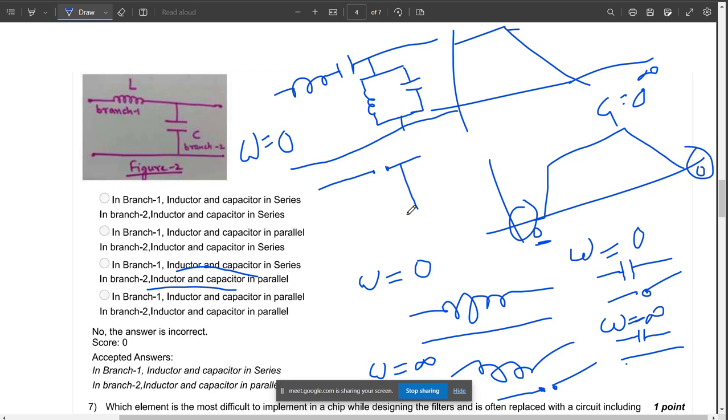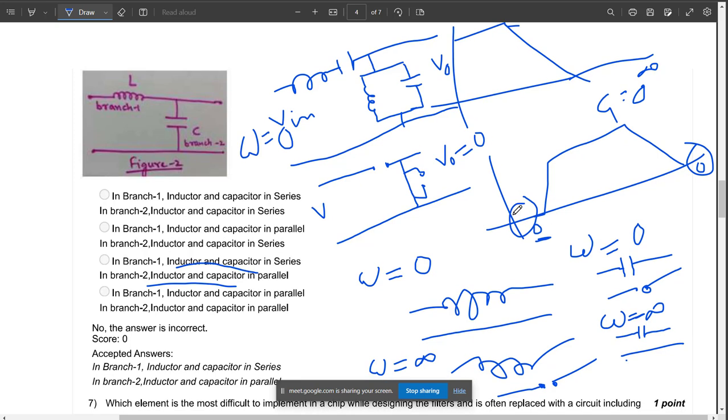The inductor is short circuited and the capacitor is open circuited. So if Vin is the input and Vo is the output, we are not getting any output since the network is not connected here. Even if we are giving Vin here, Vo is 0, and thus no output.